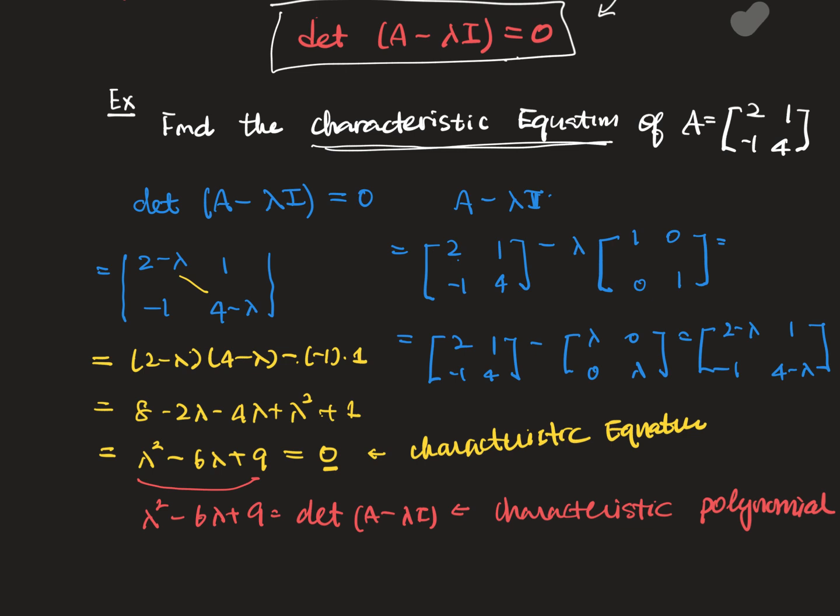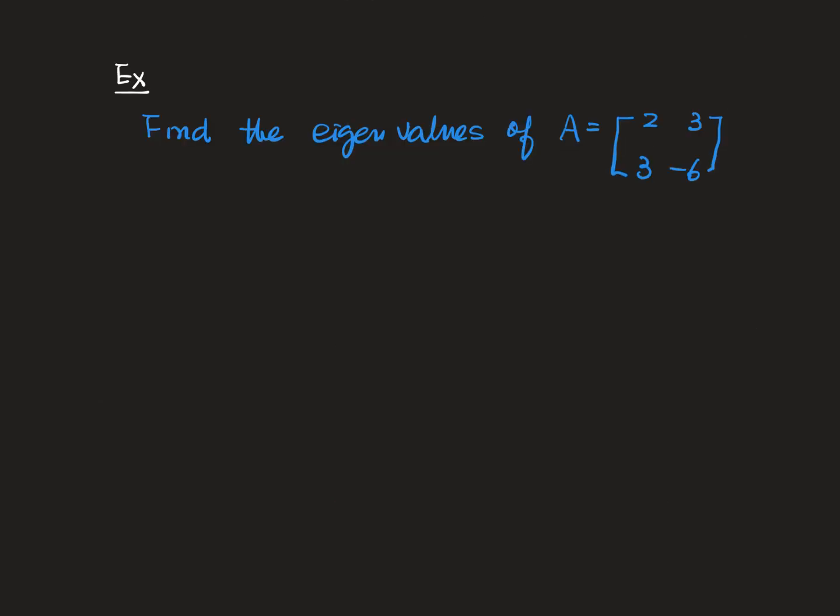Guys, does the definition make sense? So now we're going to work on finding an eigenvalue. They said find the eigenvalues of matrix A. So we have to find lambda such that the determinant in the characteristic equation, A minus lambda I, equals 0.